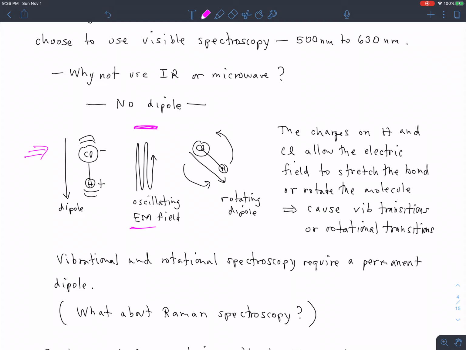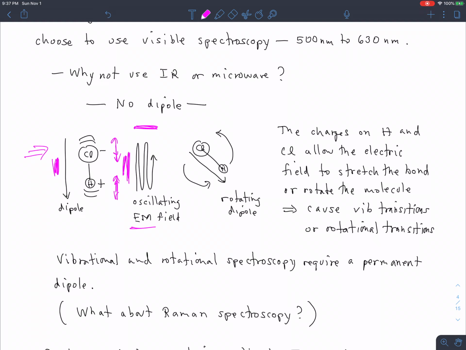Well, you can see how, if the natural vibration frequency of the HCl matches the frequency of oscillation of the electromagnetic field acting on the dipole moment, then every time you get a compression, the light energy will fortify that, will push in the same direction, and then when the molecule turns around and starts expanding, the light energy will also turn around and push in the same direction. So it's like pushing on a swing, right?